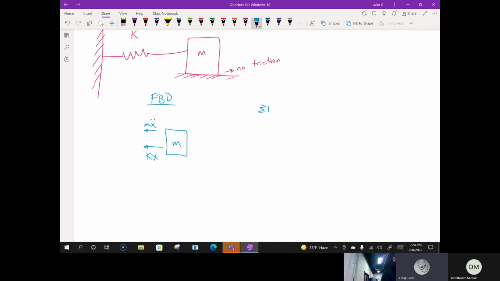So if we sum the forces, in my case here, I'm setting them to 0 because I put the inertia term, the MA term. This is MA right here. So we get MA plus Kx equals 0.